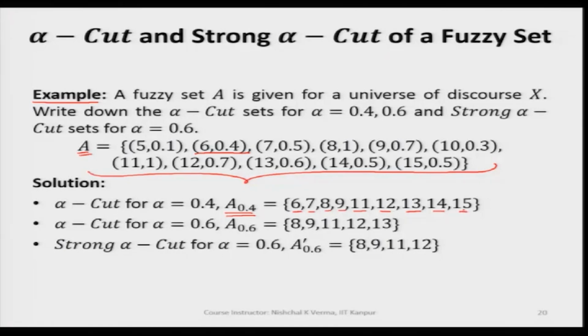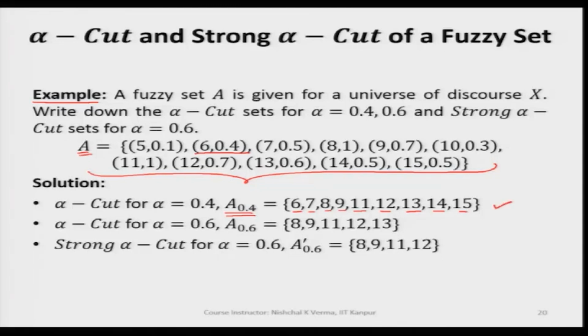So, all these are the generic variable values for which the corresponding membership values are either 0.4 or more than 0.4. So, this way we can write A 0.4.